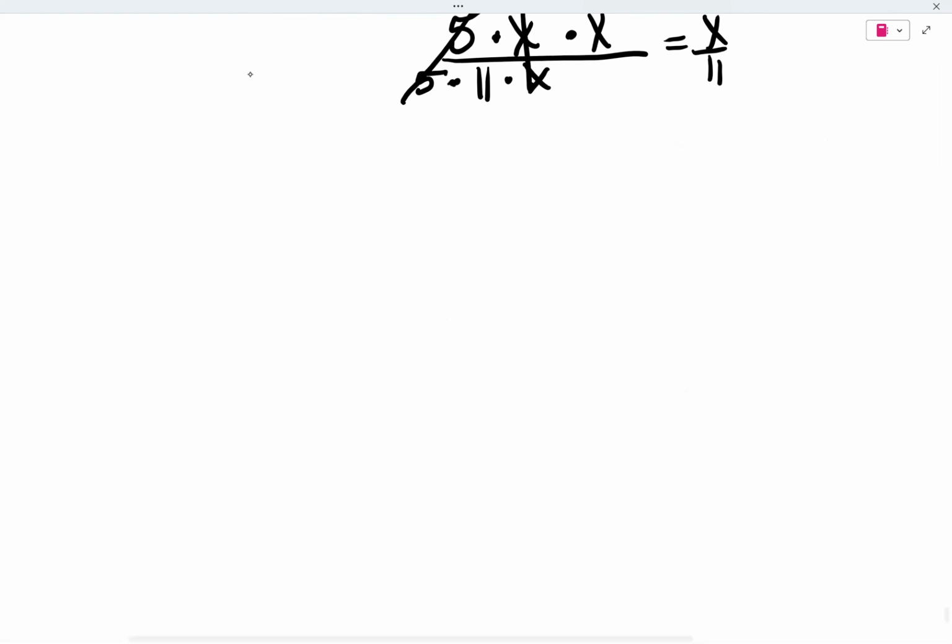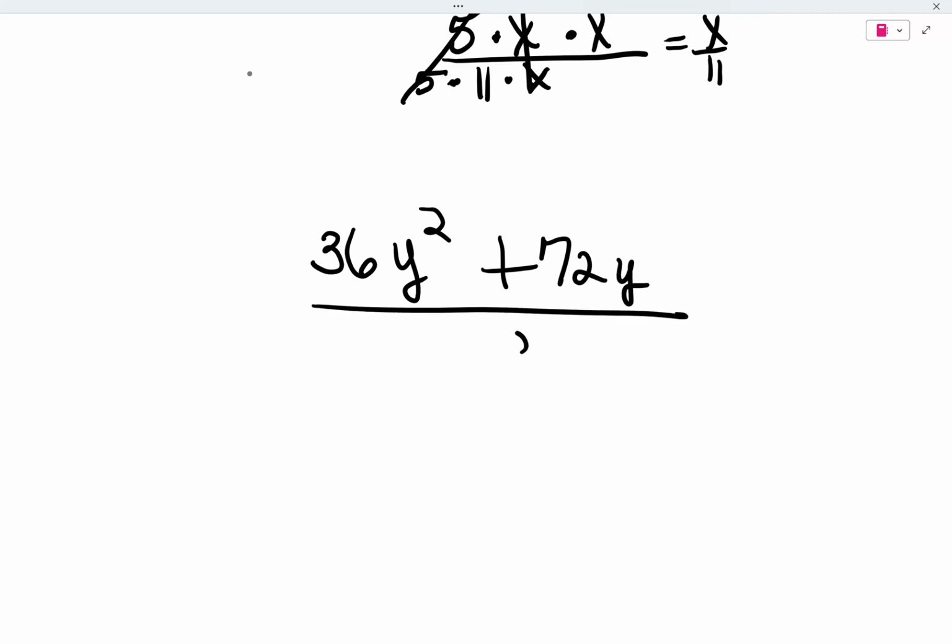Let's go with, what if I give you 36y squared plus 72y, and this is over 9y. Do you know how to factor that? Nine goes into each of those numbers.